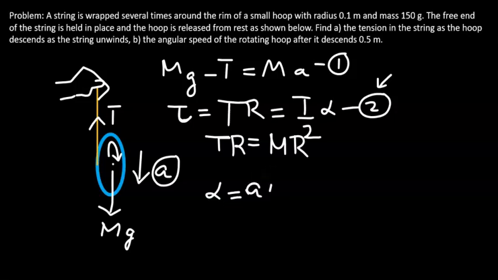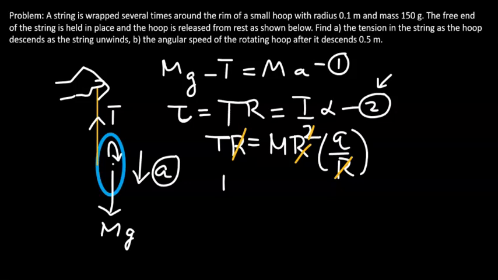It's just the tangential acceleration over the radius of the hoop. So let's write that here. We see that this r goes away and this r cancels that one. So we get an equation that states tension equals m times a.